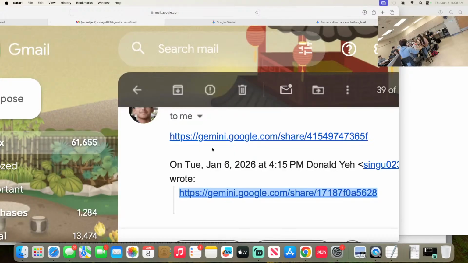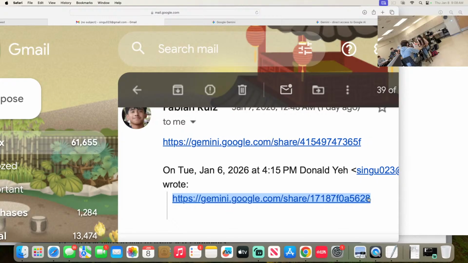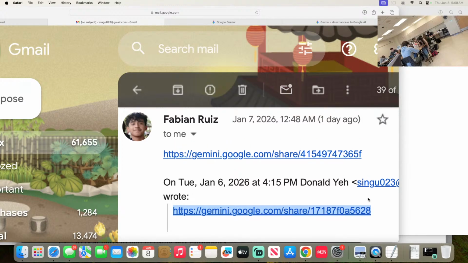You're on this link? 5628. No, that's the wrong link. It's the top link. You need to click the top link because that's the forwarded message. Wait, is it this thing or this thing? The top one. Are you sure? Yeah, I'm sure. But this one's a later date though.